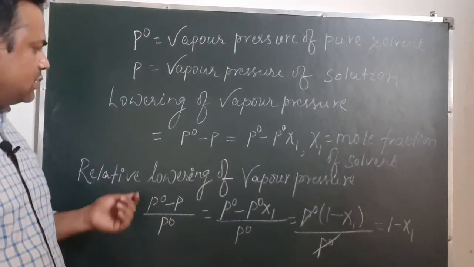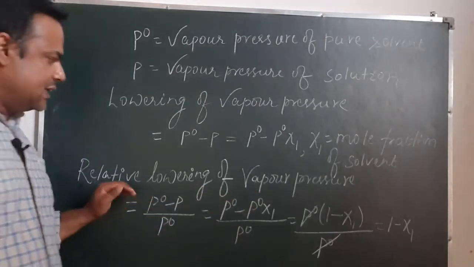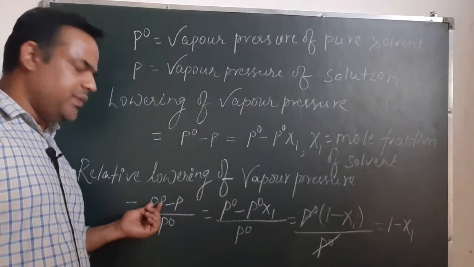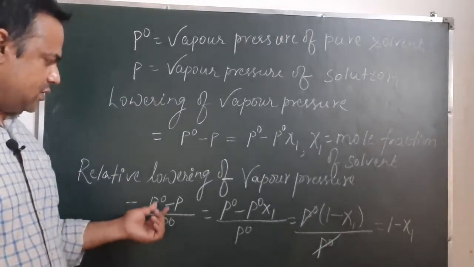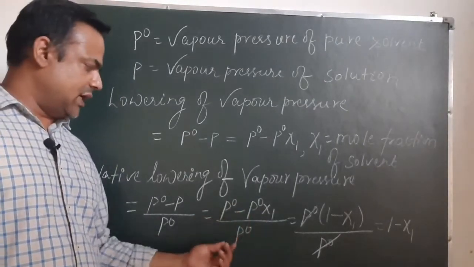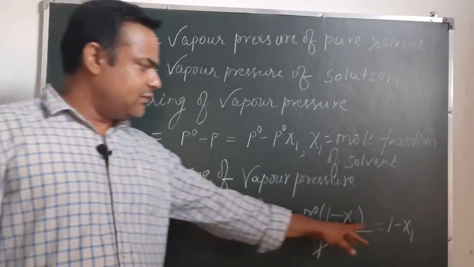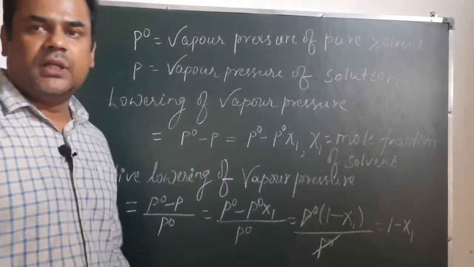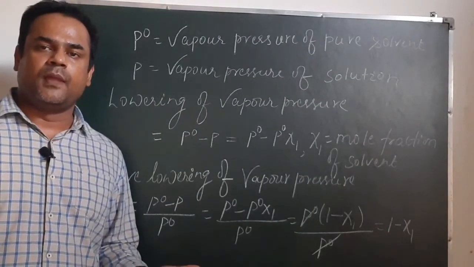So the relative lowering of vapor pressure will be P naught minus P divided by P naught. In place of P, we'll write P naught chi1: P naught minus P naught chi1 divided by P naught. So P naught will cancel out and we'll have 1 minus chi1. And we know that the sum of mole fraction of solute plus solvent is equal to 1.